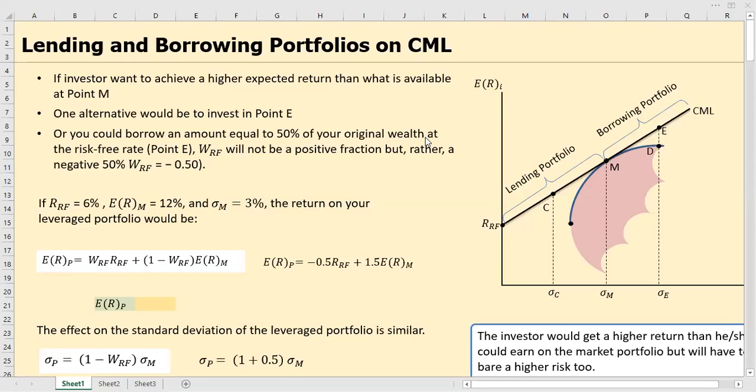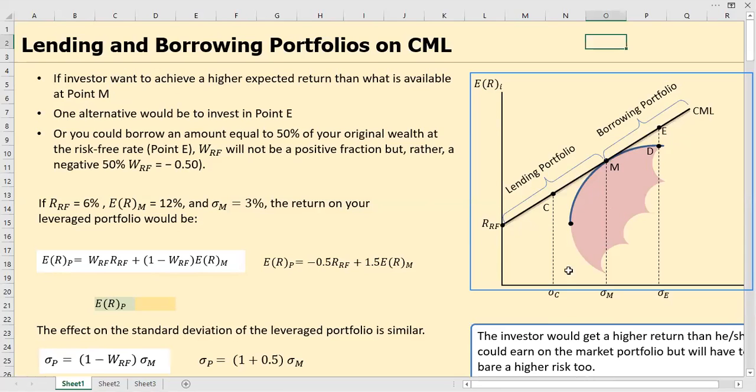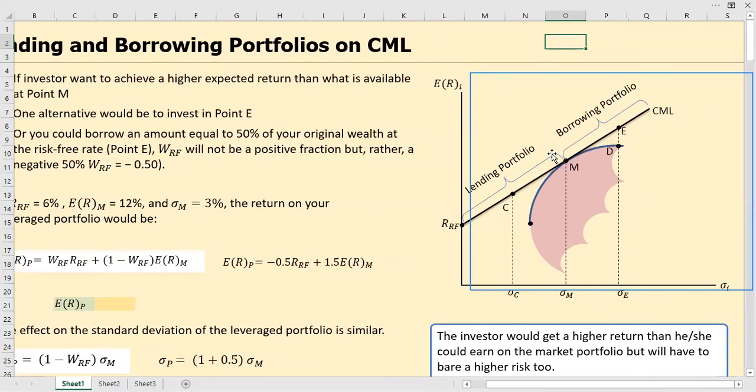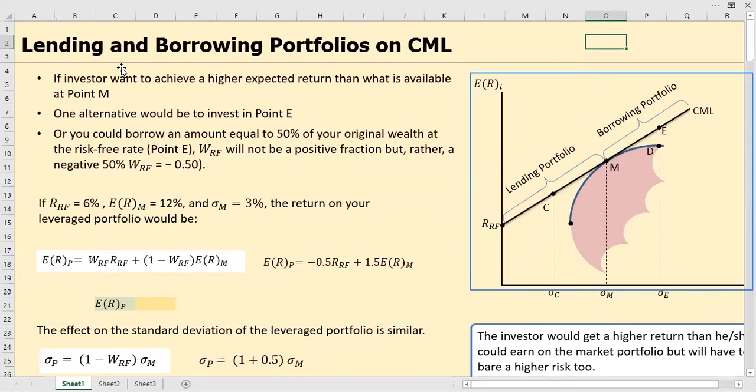Now you can see I have given you the same graph here. So we have the lending portfolio and the borrowing portfolio. We have point E and point C, right? So with this, I'm going to go for the calculations.